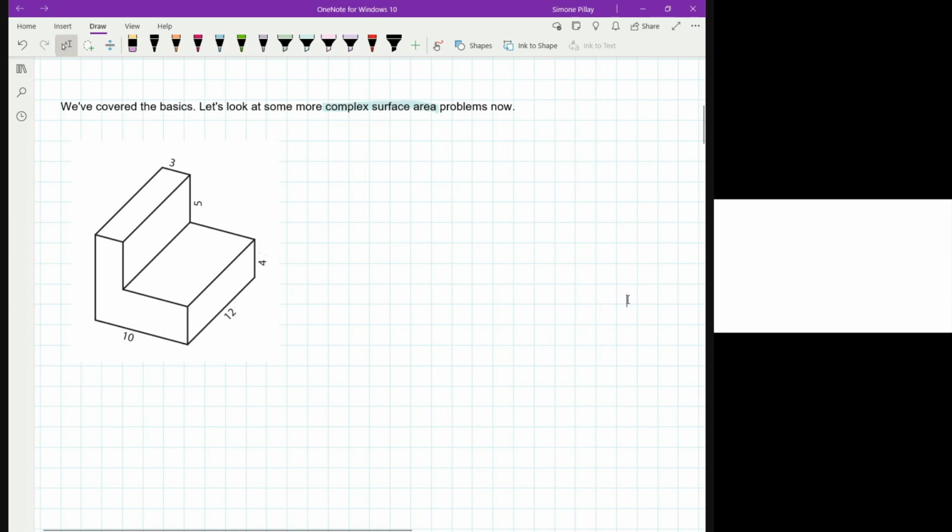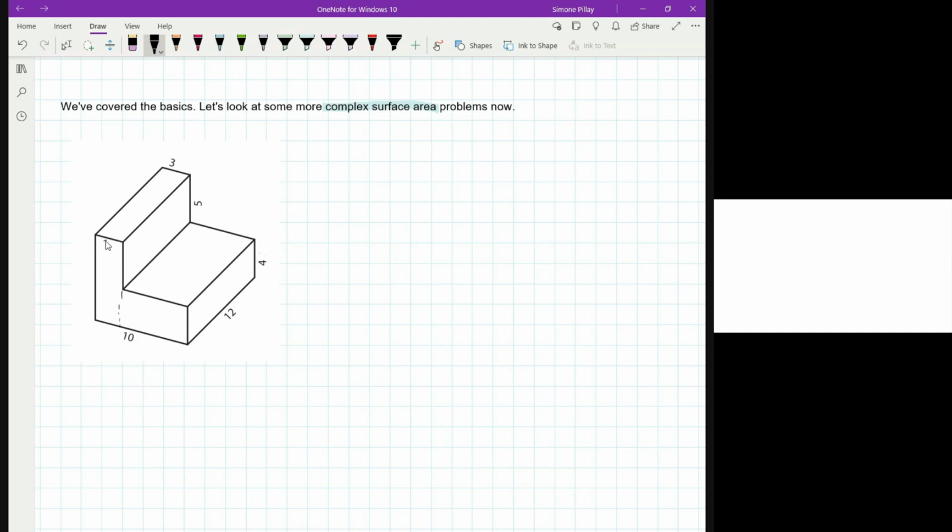Yes, Umar. Ma'am, do we have to split the rectangle in half, calculate the surface area of one, and then calculate the surface area of the other, and then add it together? Not really. For this shape over here, which is an L, you'll just have to split the L into two so that you can calculate.